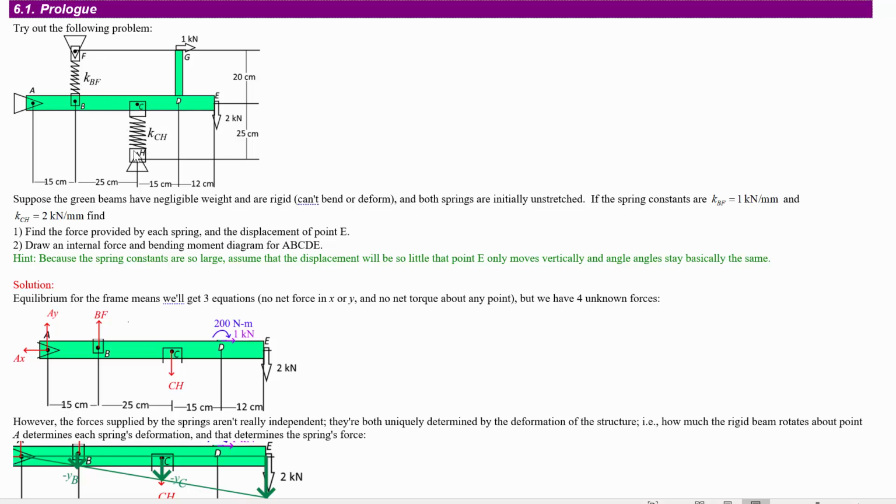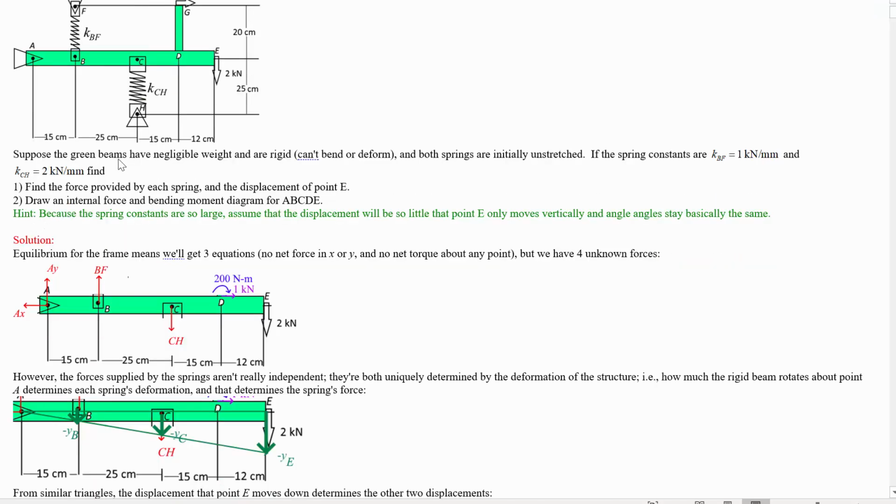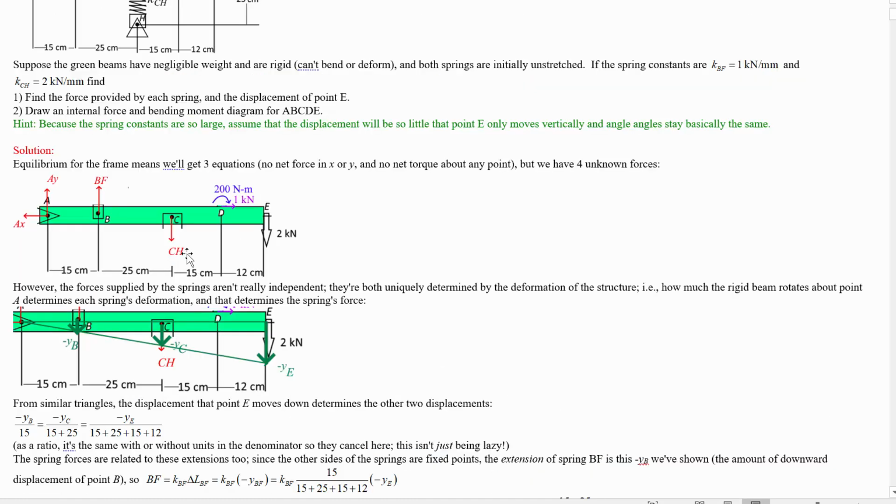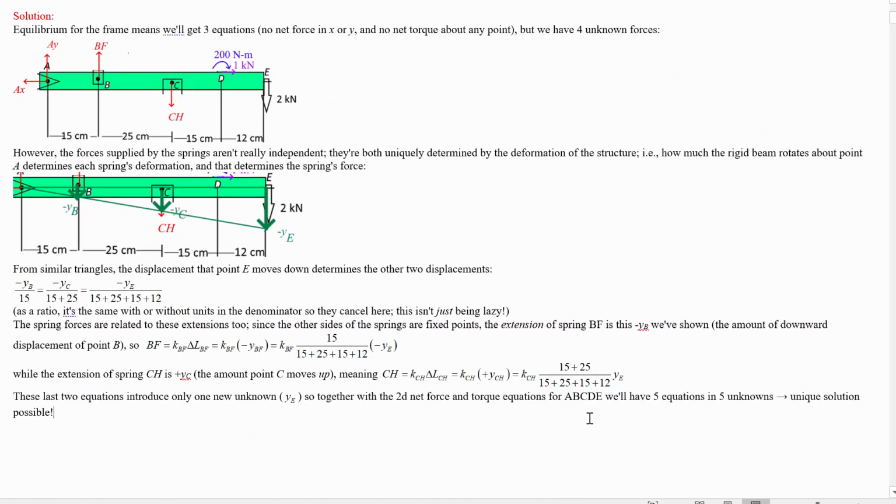If you know the spring constants and you know how much one of them has moved, then you can figure out how much the other one must have moved too, because they're tied to this rigid beam in the geometry, right? So through all of this geometry stuff that we did, there is a relationship between these 2 spring forces, and they're related through this displacement of the tip here, YE.